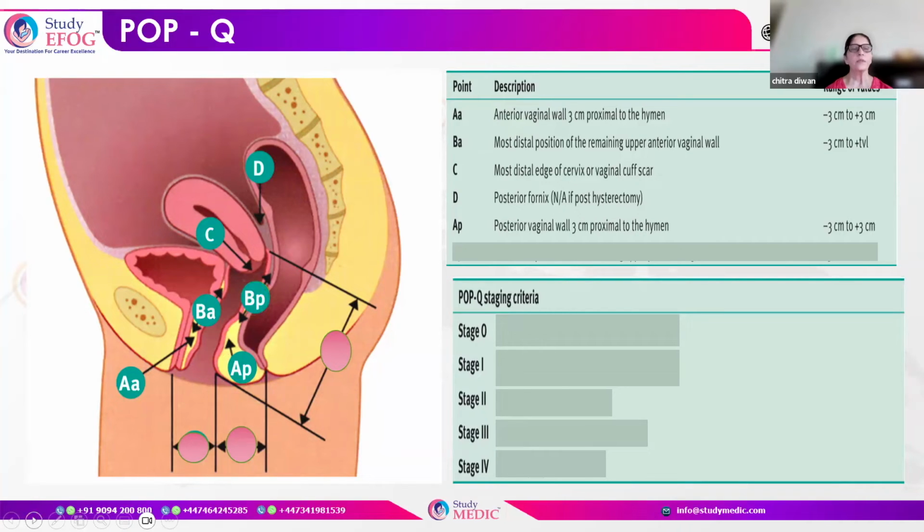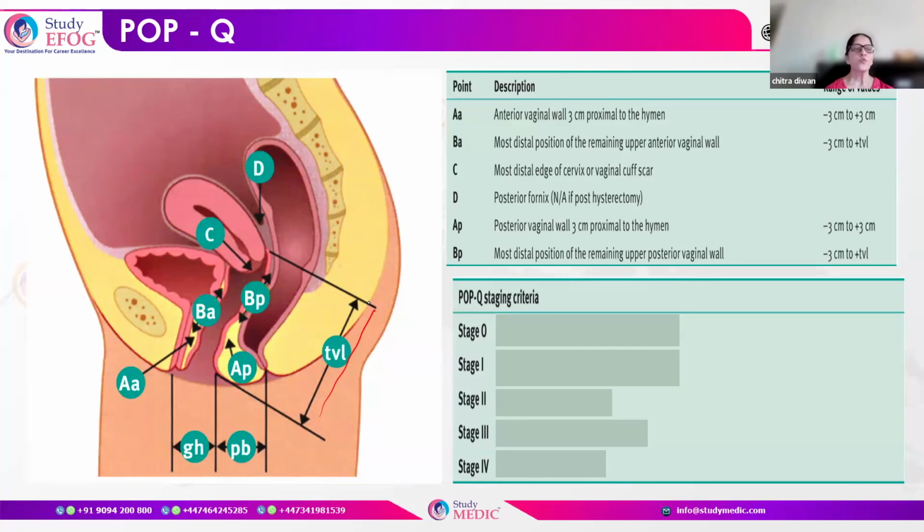Point Bp is the most distal position of the remaining upper posterior vaginal wall. Point Ap and point Bp can be -3 to +3. Then this is the total vaginal length. This is the perineal body and the genital hiatus.